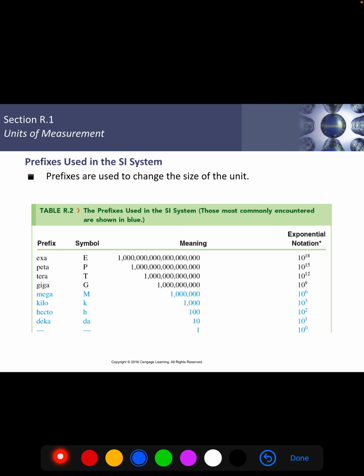For example, if you talk about how many molecules there are in just a swallow of water, or about 18 milliliters, you will find that there are over 10 to the 23rd molecules of water in a good-sized swallow of water. That's unimaginable, because right here we only go up to 10 to the 18th.